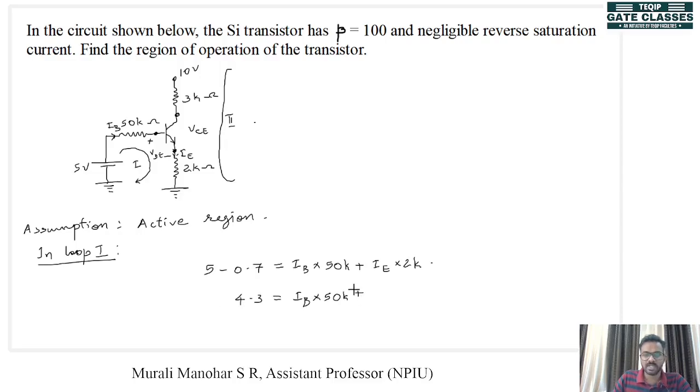So 5 minus 0.7 is 4.3, that is equal to IB into 50K plus IE into 2K. And what is the relation between IE and IB? We know that IE is beta plus 1 IB for a transistor in the active region. This becomes beta plus 1 IB into 2K. That is IB into 50K plus, beta is 100, so 101 into IB into 2K.